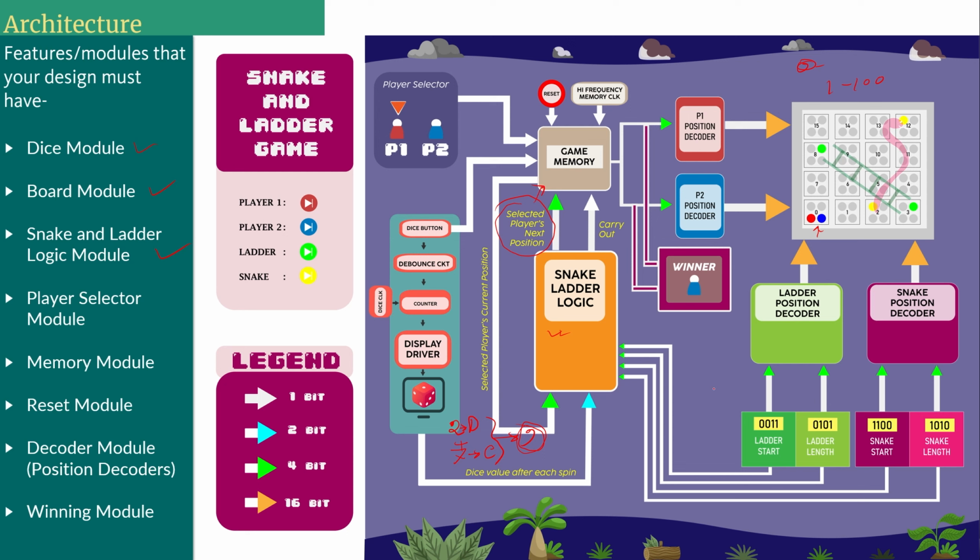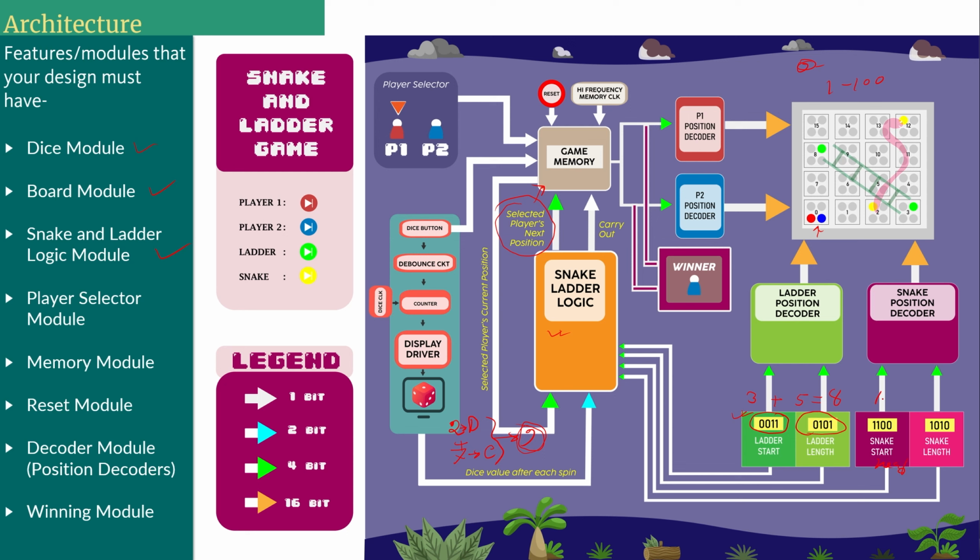One thing as well, you can see here, these are some of our inputs: ladder start and ladder length. Ladder start is where the ladder will start. In the board, 0011 means the ladder will start at 3, and the ladder length is 5, so the ladder end position will be 5 plus 3, 8. Similarly, snake start, or you can say snake head, doesn't matter.